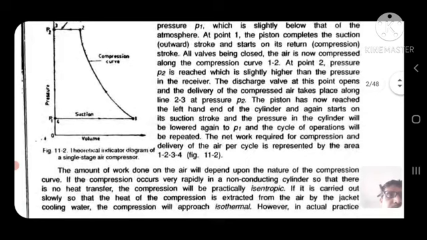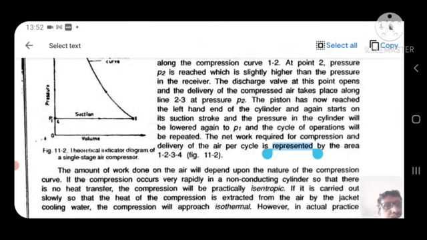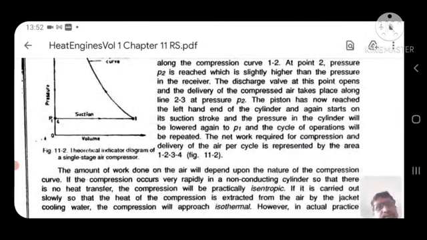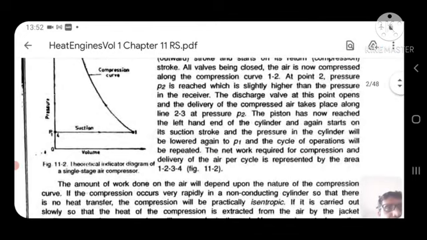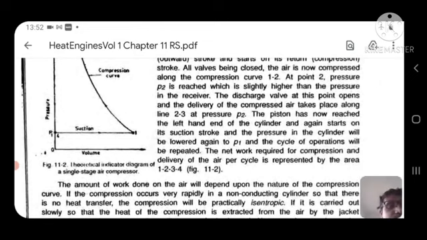At point 1, the piston completes the suction stroke and starts on its return stroke. All the valves are closed. At point 2, pressure P2 is reached, which is slightly higher than the pressure in the receiver.